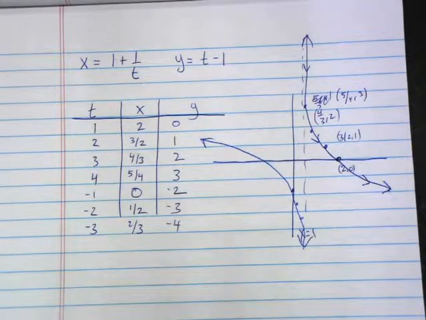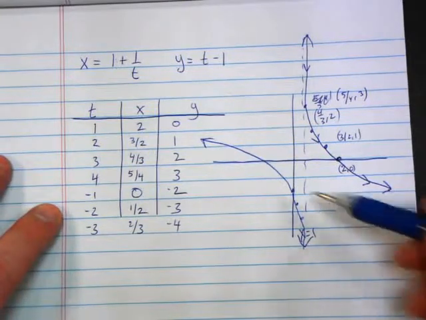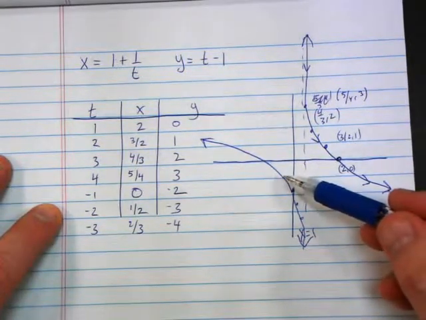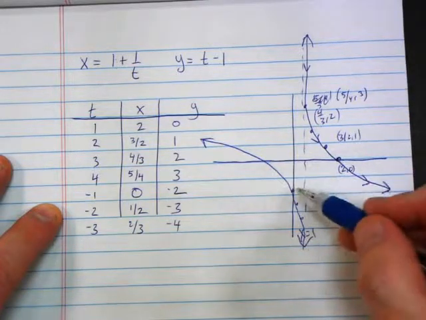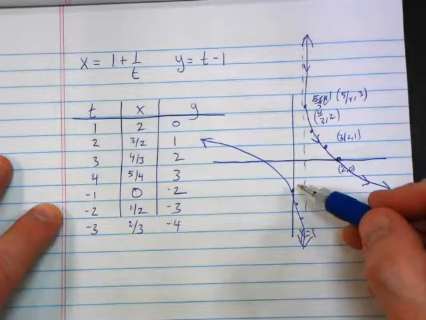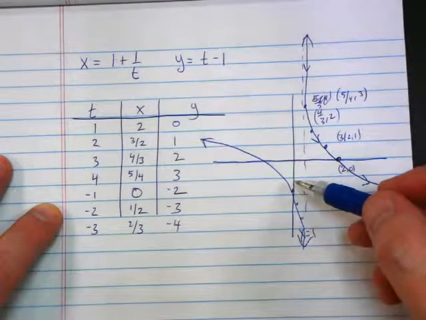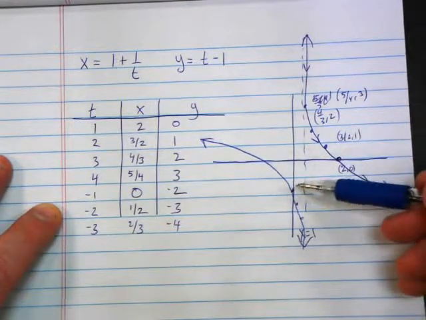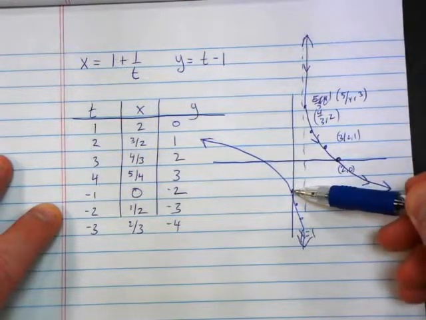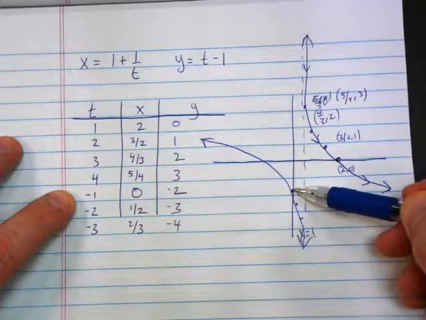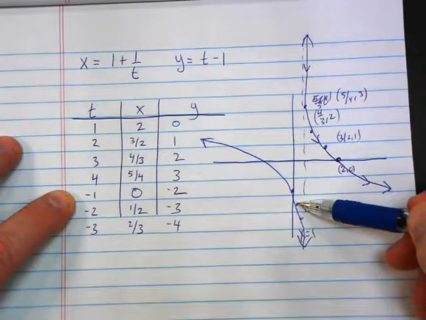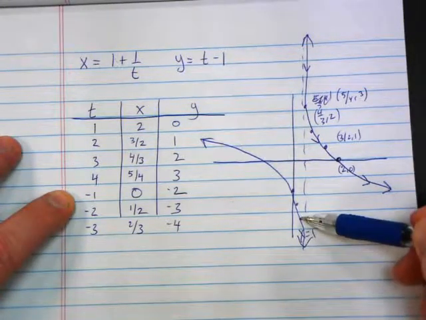And then orientation on this one would be which direction? This one happened when t equals negative 1. That one happened when t equals negative 2. Negative 3.